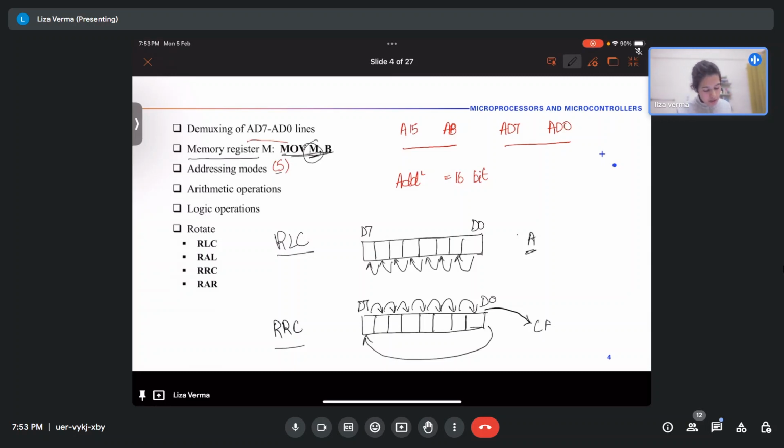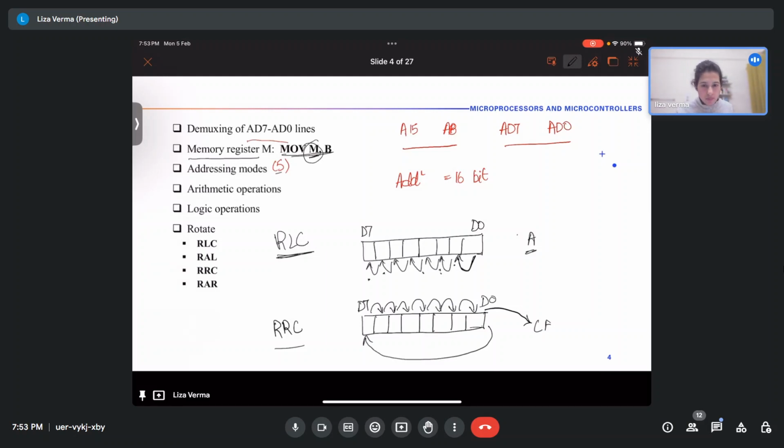Here, if you see in RLC, which bit is empty now, which has space to get more data? D0 went to D1, D1 goes to D2, D2 goes to D3, and so on.